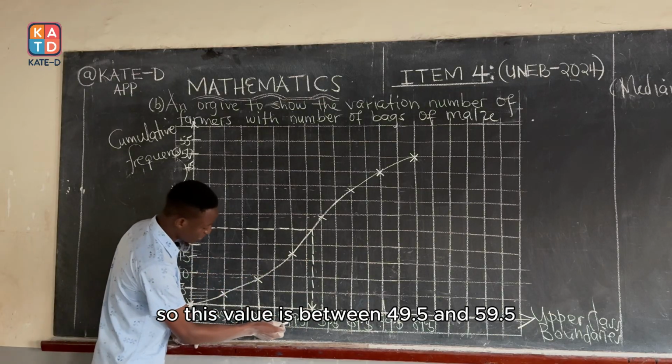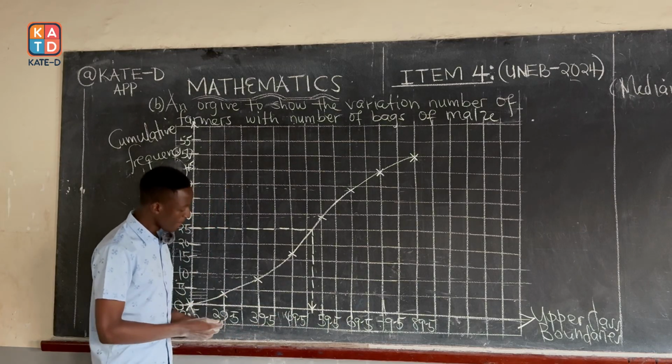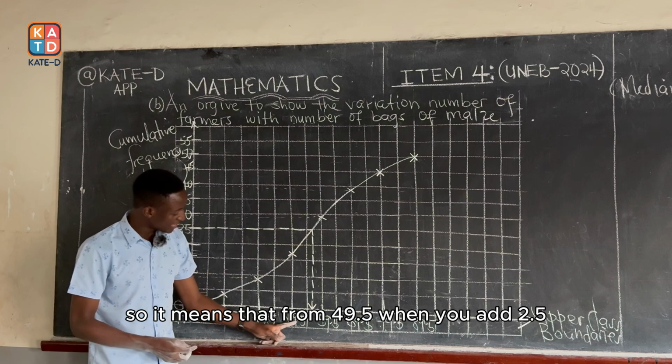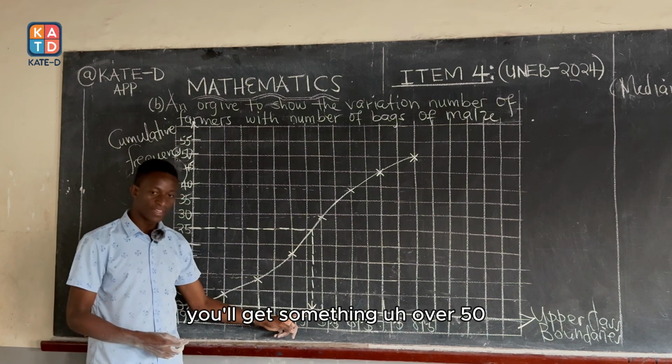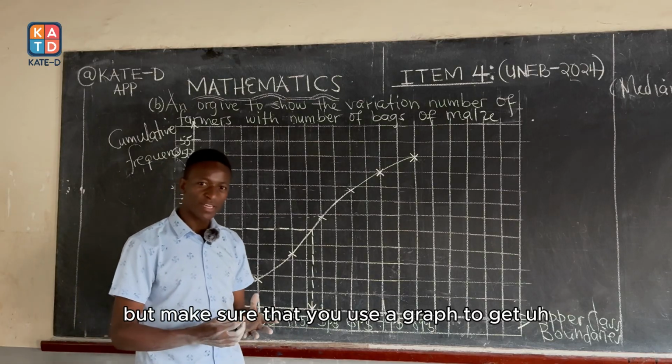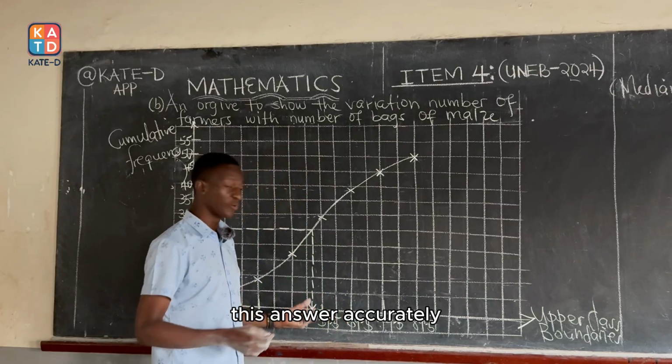So this value is between 49.5 and 59.5. So from 49.5, when you add 2.5, you'll get something of a 50. But make sure that you use a graph to get this answer accurately.